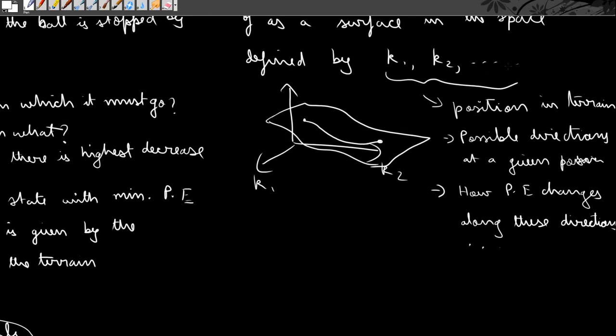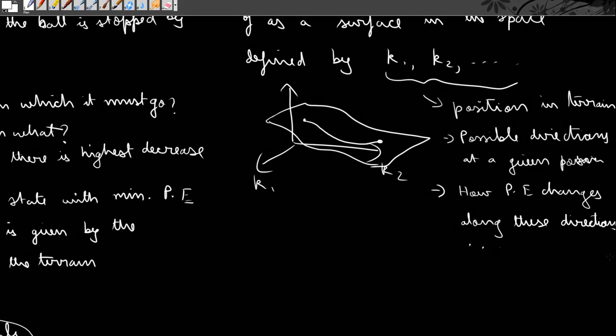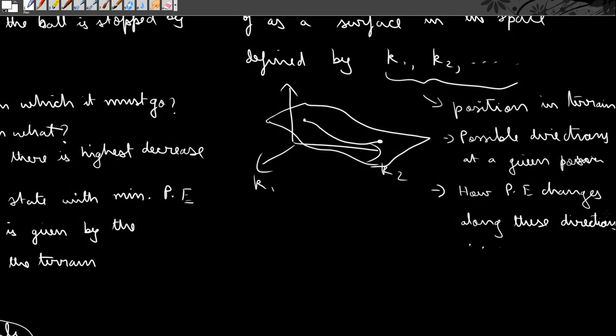So these k1, k2 dot dot dot are somehow related to these things, because that is how we assign the weights. So at a given position, the weight will be minimum in the direction of PE where there is maximum decrease in the potential function.